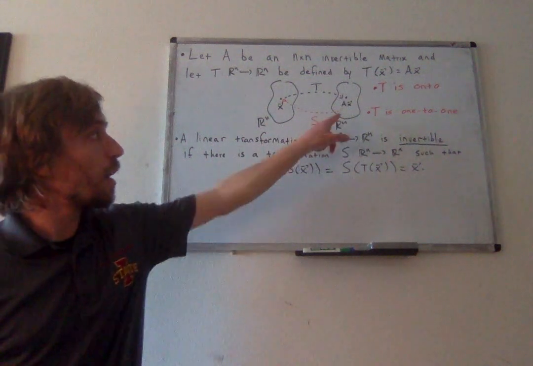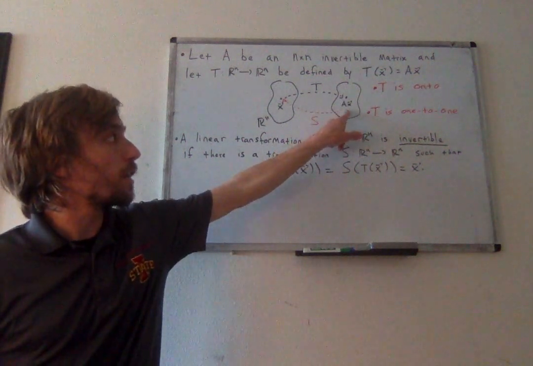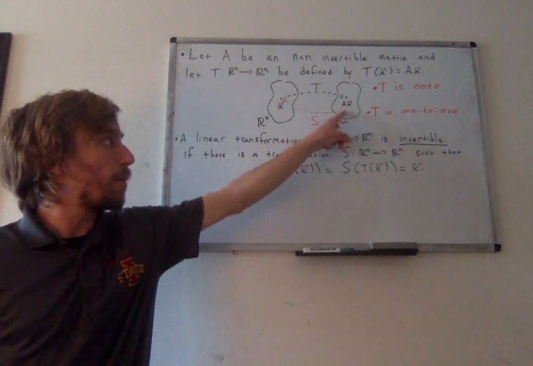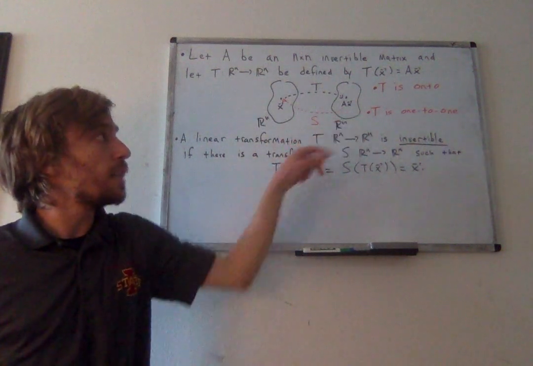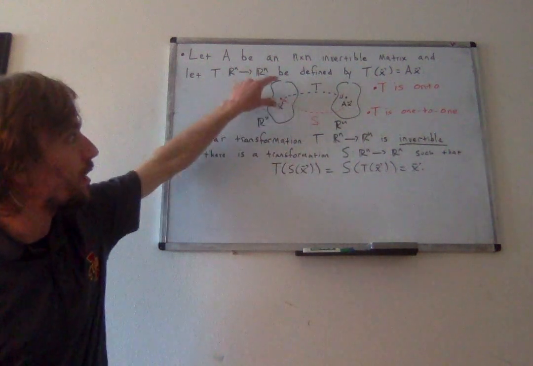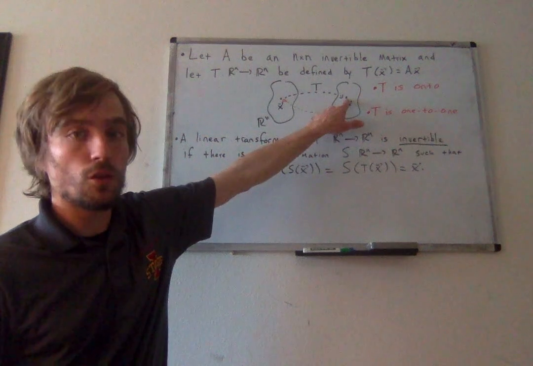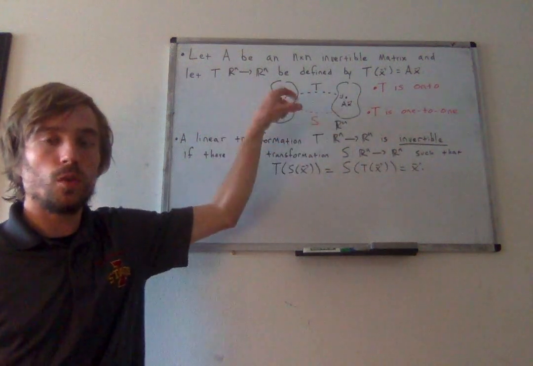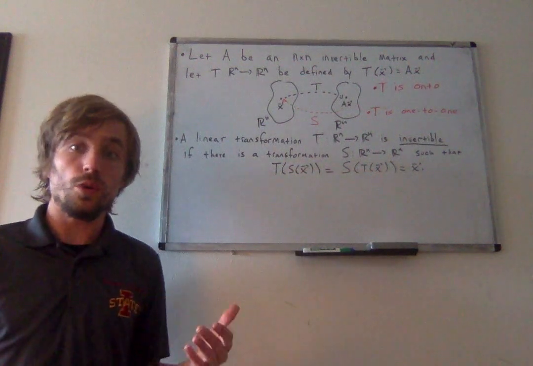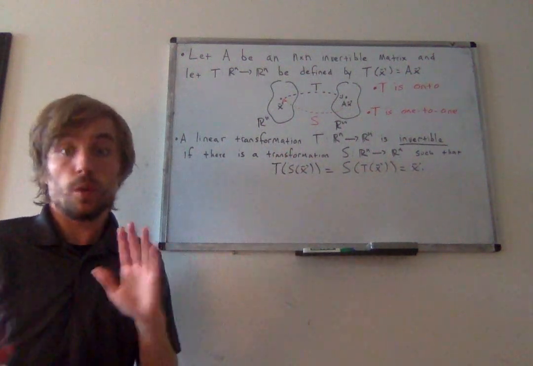If T is not onto, I might find some vector here which S maps into Rn over here, but T can't map back to the original vector. If T is not 1 to 1, then we get conflicting information, where I've got two vectors mapping to the same vector over here, and S isn't sure which one to map back to. So for this definition of inverse to hold, T better be onto and 1 to 1, which we already know it is.